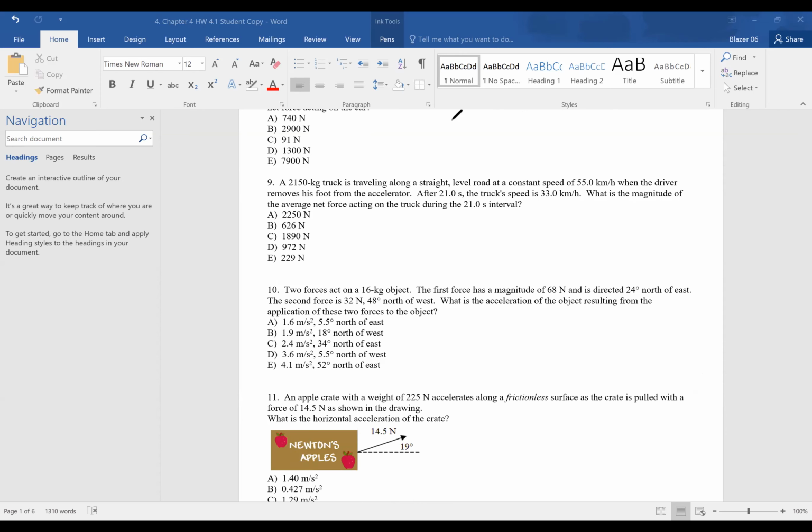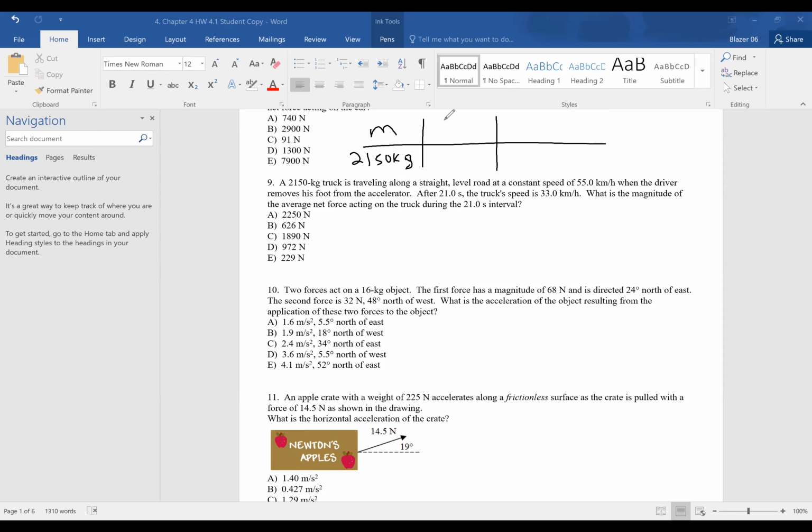I'm going to write the given up here and solve the problem down below. Mass is traveling along a straight level road at a constant speed.